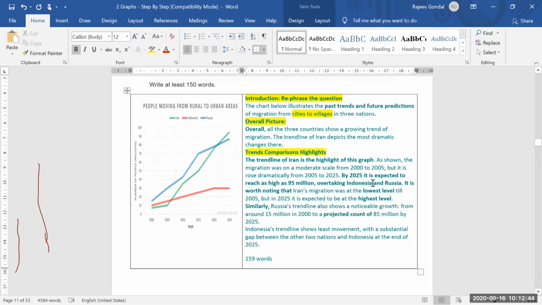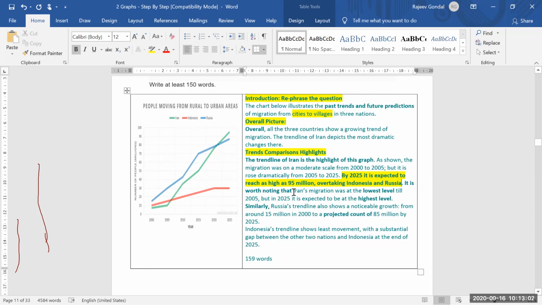Here we are talking about the future trend in future tense, and this is something important. We have to showcase our ability to write in future tense, because we are talking about something in 2025. This line shows that you are able to express in future tense easily.